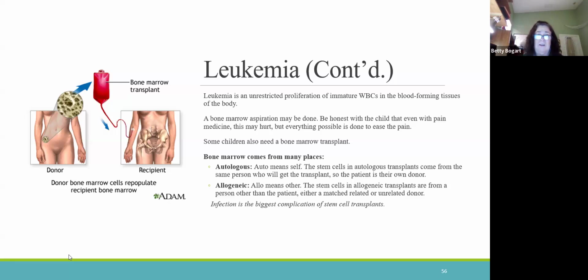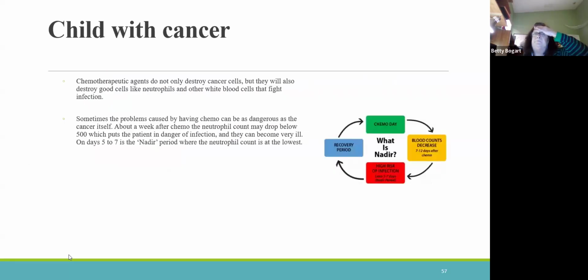And infection is the biggest complication of stem cell transplants. Child with cancer, neutrophil counts. Well, this is mentioned because when we give chemotherapy, we're knocking out their immune system. And we've got to be prepared for that, so we wear our masks, our gloves, and protect the child. But what's the other thing with neutrophils and a patient who maybe is just in the hospital with sepsis or had surgery?